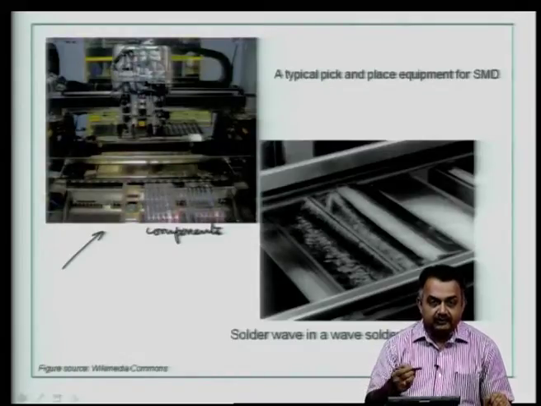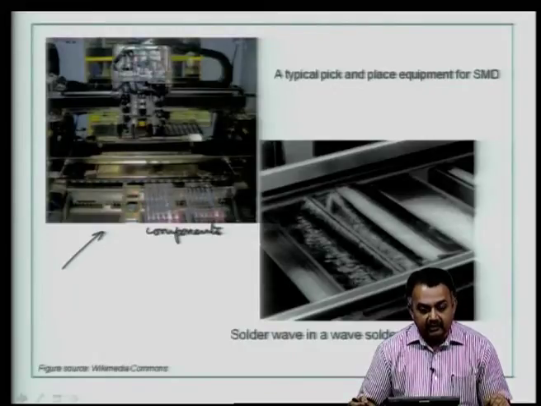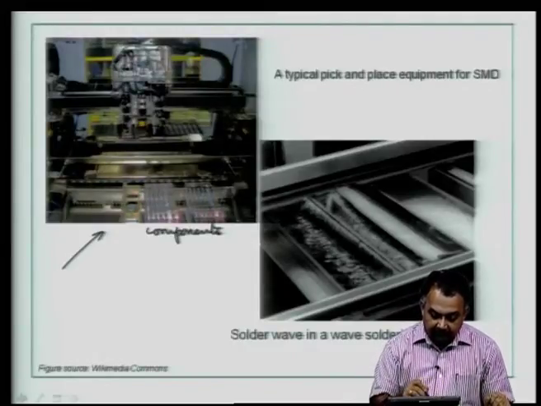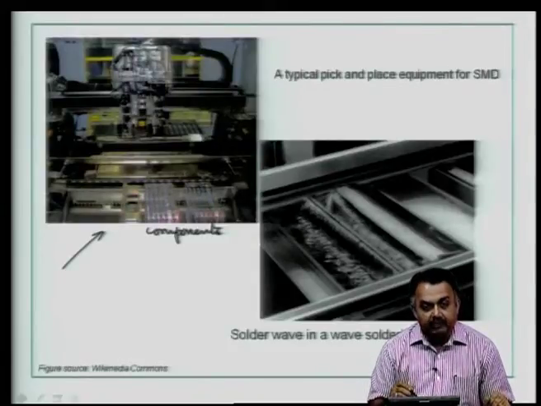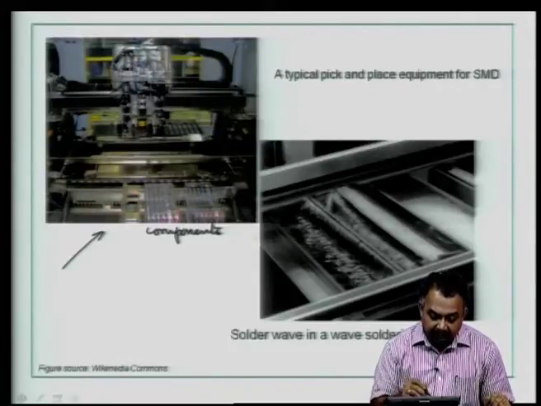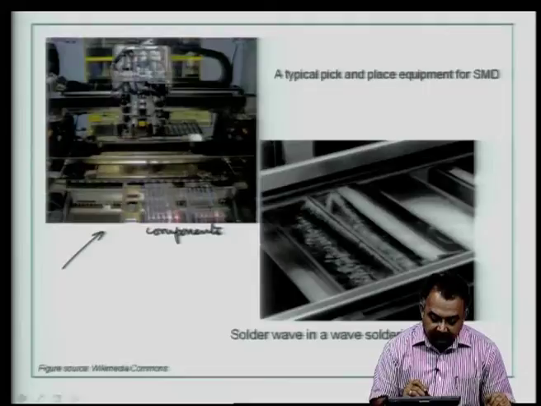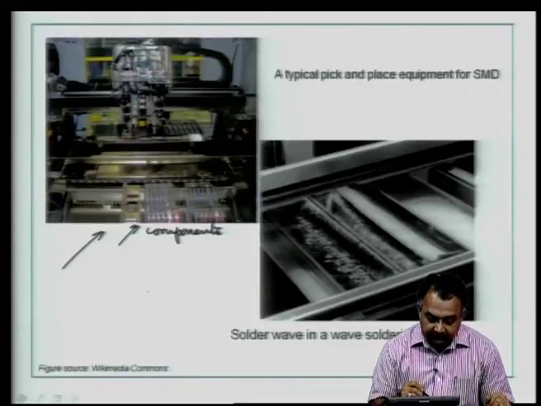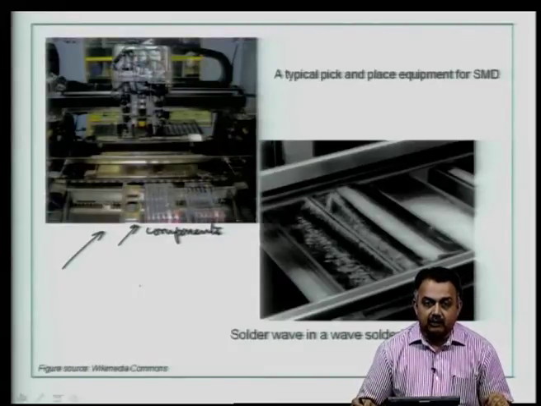Various tapes or reels of resistors, capacitors and active devices can be loaded, and based on the CAD data, the pick and place forceps or the arm of the equipment picks the components from the respective bins, moves to the board and places them in the respective coordinates that they are assigned to.